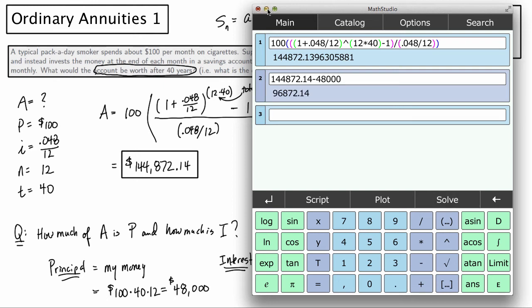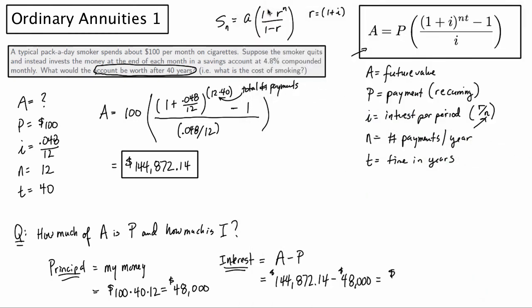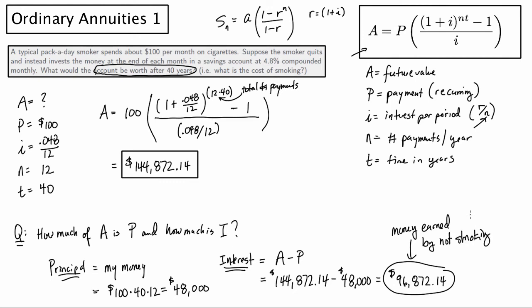So it's $96,872.14. This is the amount of money earned by not smoking. Because you already had the $48,000.